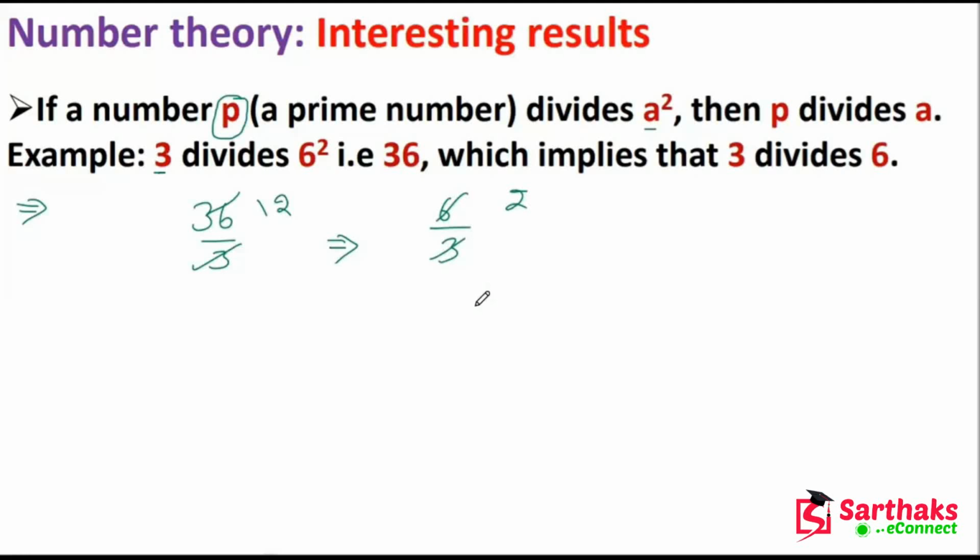So listen to me very carefully. If a prime number p divides a square, then p can also divide a. Now take another example. If we have the number 7, it can divide 49, which is the square of 7.